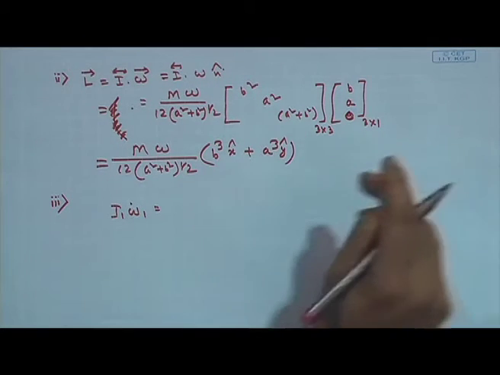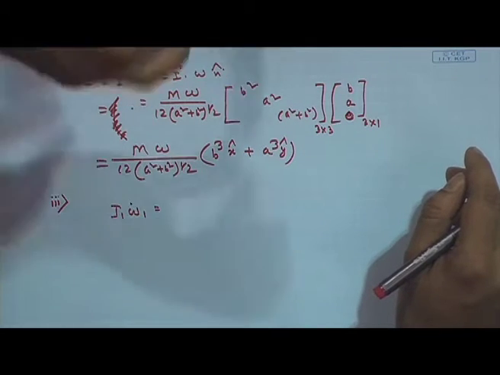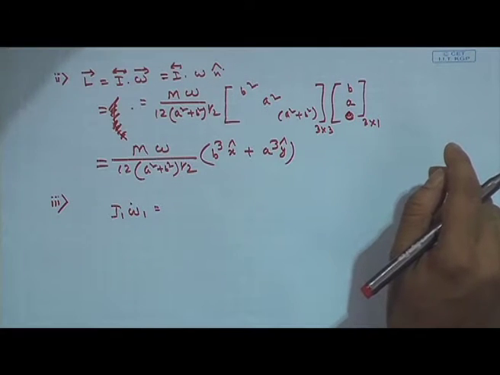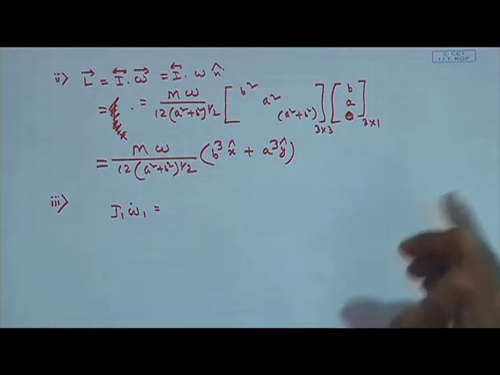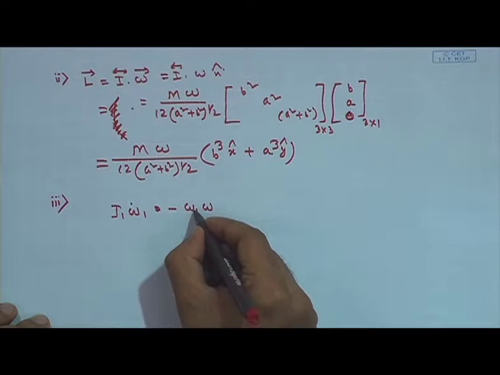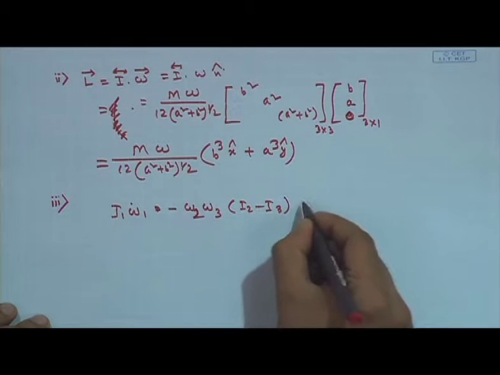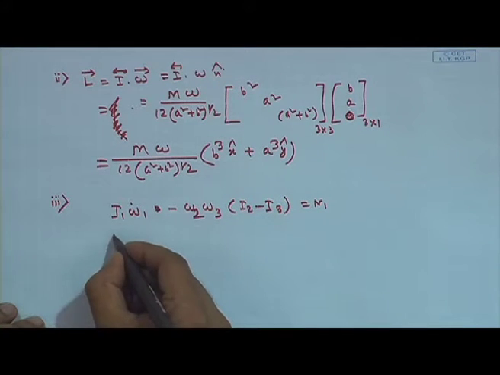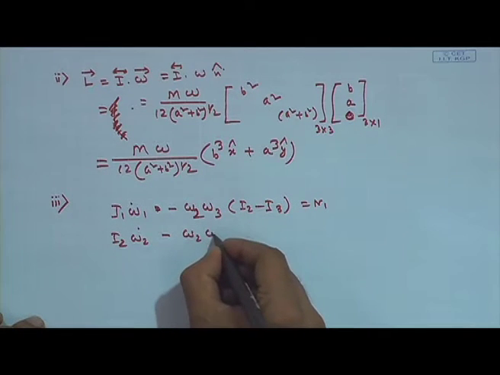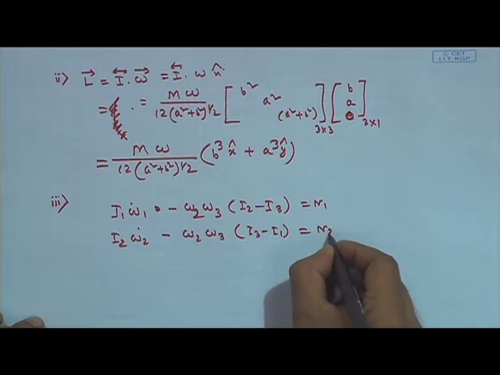Just give me a second, I don't recall these equations exactly, so I just need to go to the relevant page of my notes. Minus omega 2 omega 3 (I2 minus I3) equal to N1. Similarly, we will have I2 omega 2 dot minus omega 1 omega 3 (I3 minus I1) equal to N2.